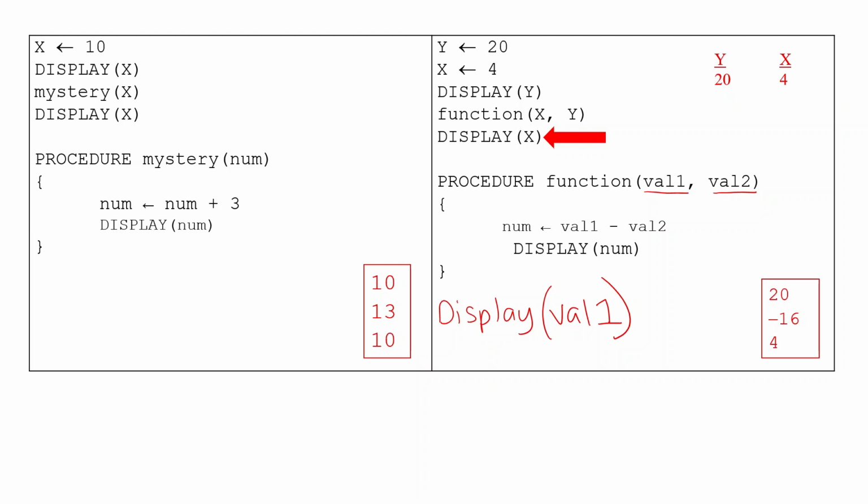These only exist inside the procedure. So you can only use them when they are inside that procedure. Same thing with num. Num was created inside the procedure, so it can only be used inside the procedure. That's just a feature of programming languages in general.